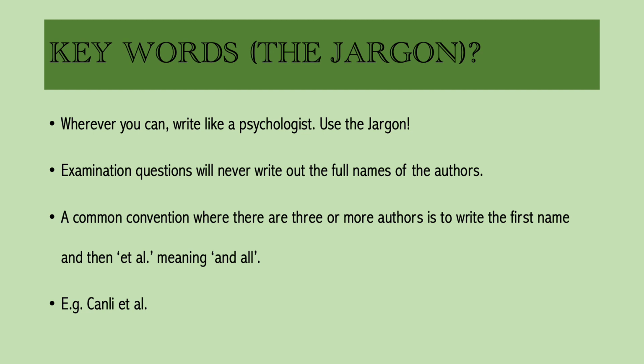Et al means everyone else yang involved with it. Okay? So example there, Kenley et al. So if you see et al ni, artinya si Kenley ni the main researcher. Et al tu artinya ada lagi dengan-dengannya yang membuat the research. But because there's a lot, so they just buat et al saja.